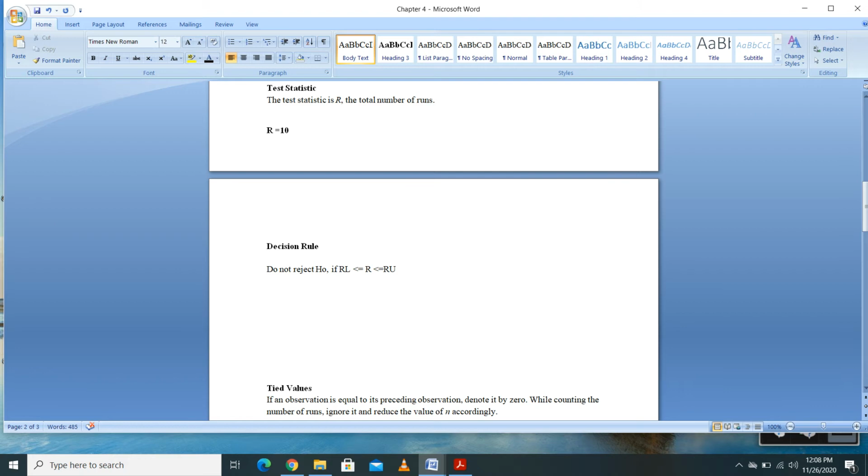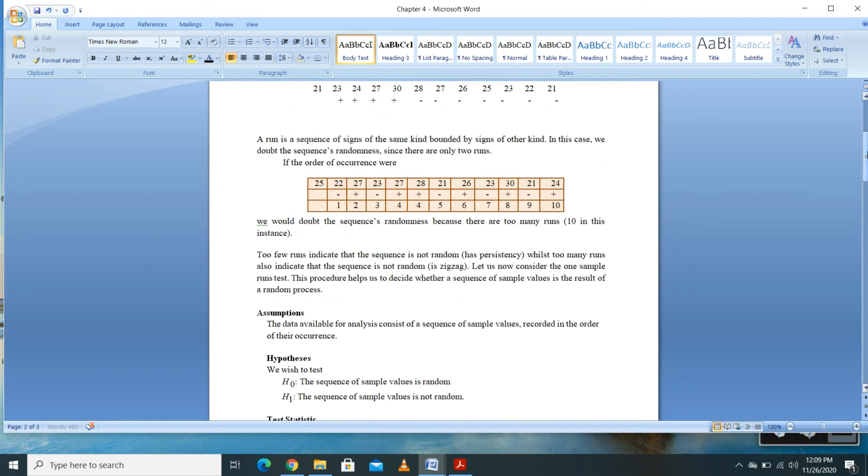So what will happen if you have tied values, let's say when you check, this observation is equal to the previous observation? If that is the case, we have to put 0 there, and then when we calculate the number of runs, we just omit that observation and calculate the number of runs we have, right? So for an example, if you take this data set, now let's say here this is equal to 22.